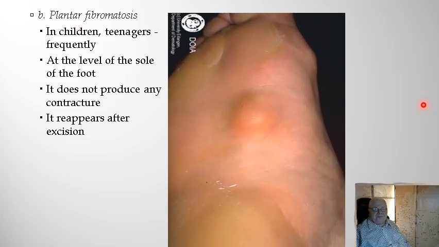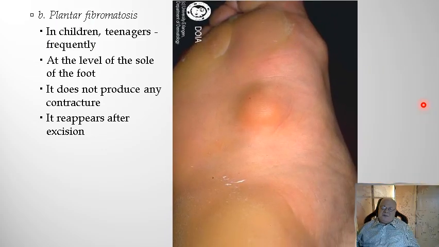Another type of superficial fibromatosis is the plantar one, this time affecting children and least adults, being located at the level of the sole of the foot as a nodule again, growing with infiltration also, but fortunately without retractions of the fingers, so no deformation of the foot itself.